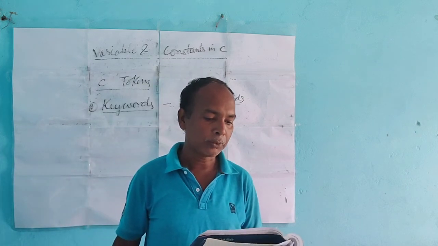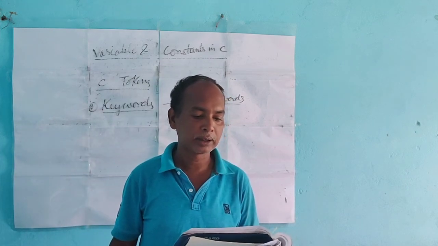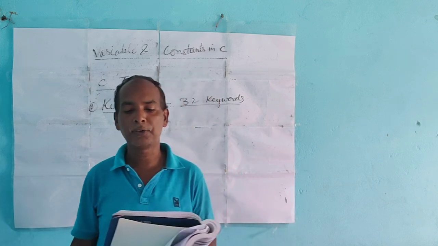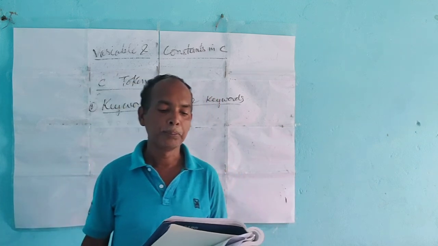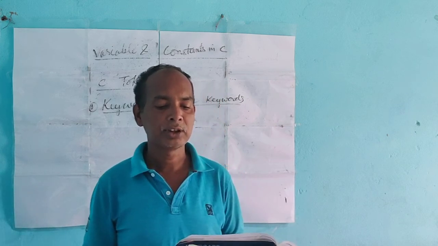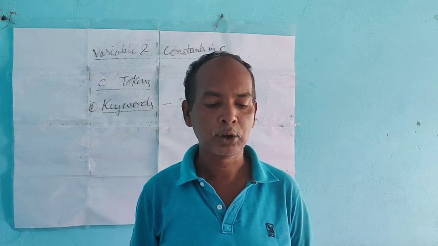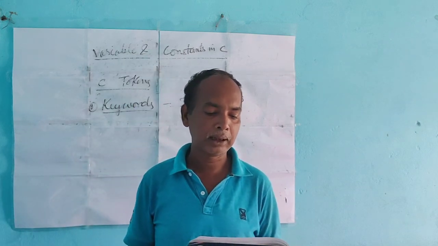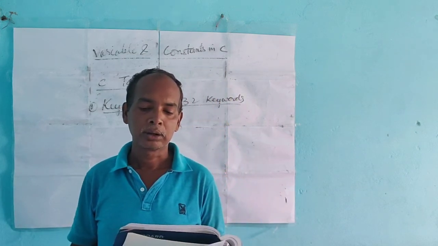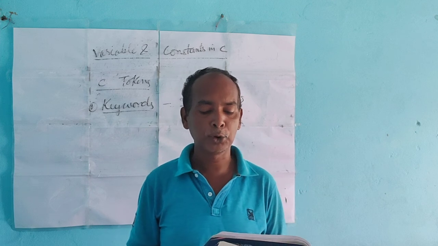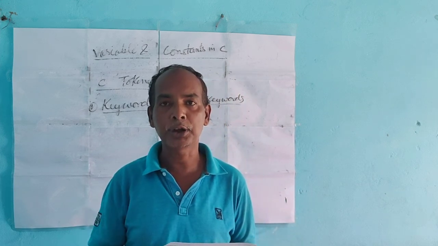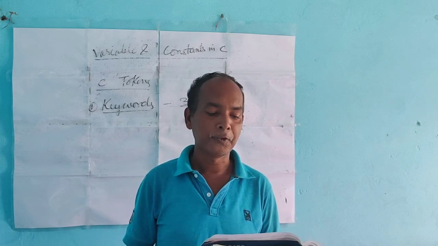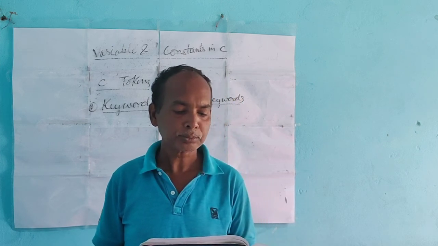The set of keywords is given in table number 15.2: auto, break, case, char, const, continue, default, do, double, else, enum, extern, float, for. There are 32 keywords given in your book, table number 15.2.